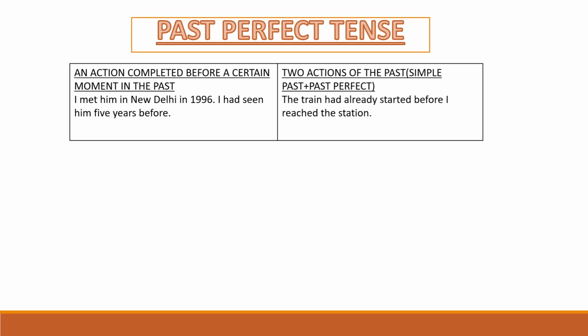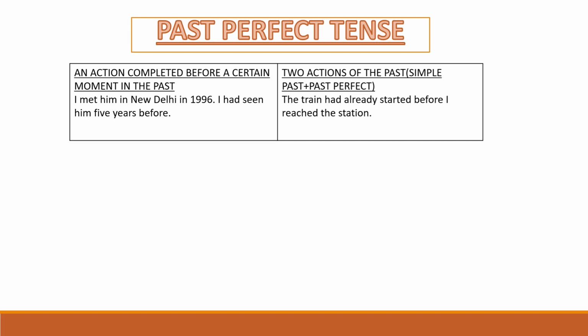Now the next part in which past perfect tense is used, an action completed before a certain moment in the past. Now in any action which has already completed in the past. Now example, I met him in New Delhi in 1996.